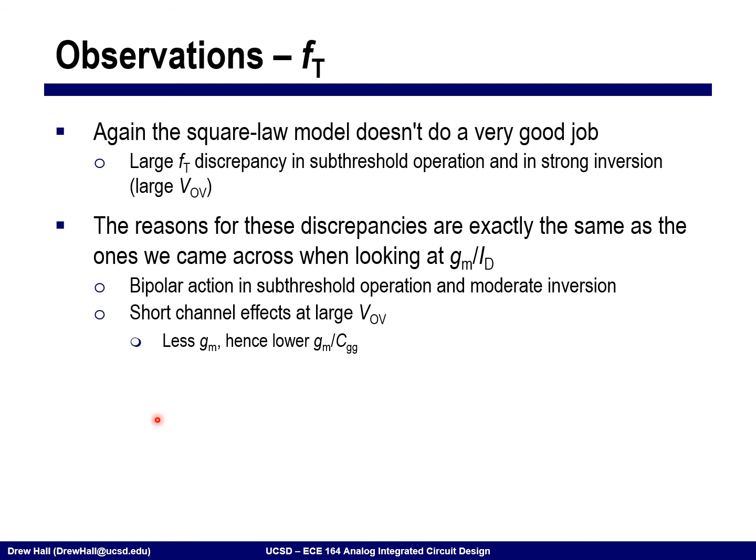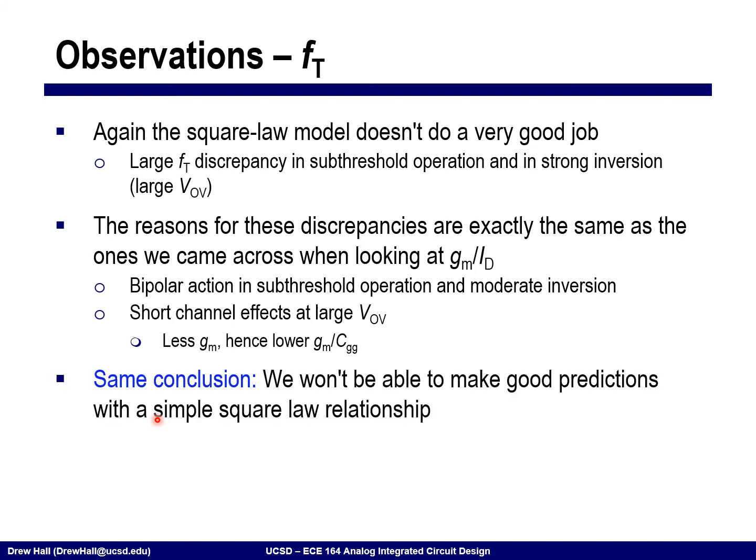It's really the bipolar action in subthreshold and the short channel effects when we have large overdrive voltage. We get lower GM, and hence GM divided by CGG goes down. So the same conclusion: we won't be able to make good predictions with simple square law relationships. We really need a better methodology in order to move forward.